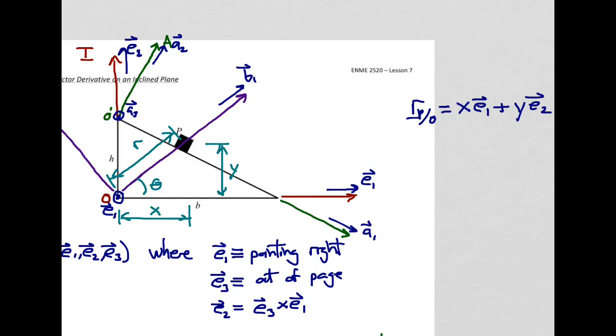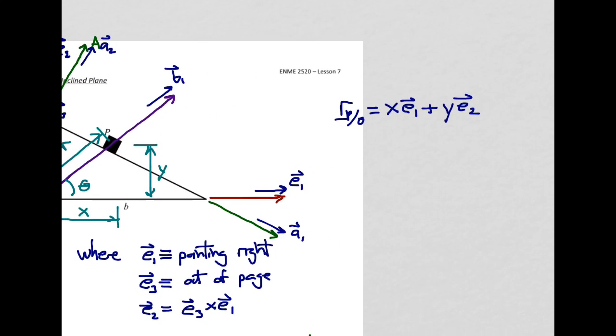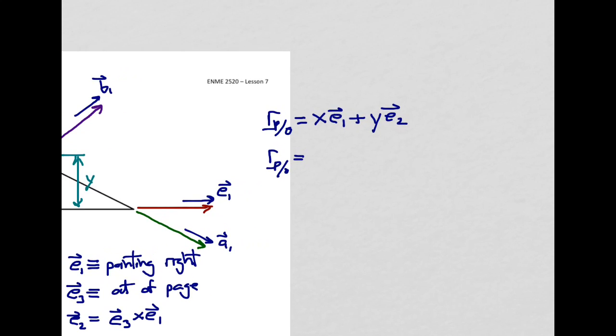And so then, in the same basis, r of P with respect to O is going to be r cosine theta in the E1 direction plus r sine theta in the E2 direction.